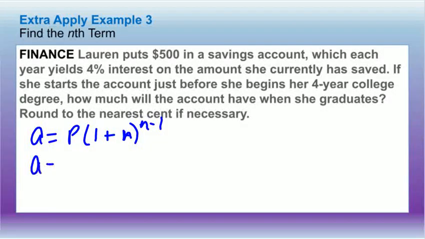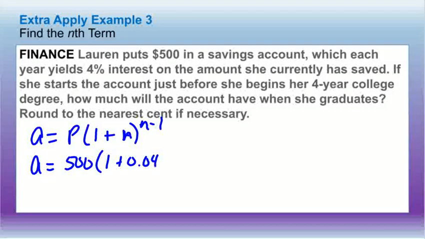So the account balance, principal amount, is $500. 1 plus the rate as a decimal is 0.04, raised to the n. So after the 4 years, when she graduates, this is going to be the 5th term, so it would be 5 minus 1, because it's 4 years of college, so she starts it before her 4-year college, so it would be afterwards, so 5 years.